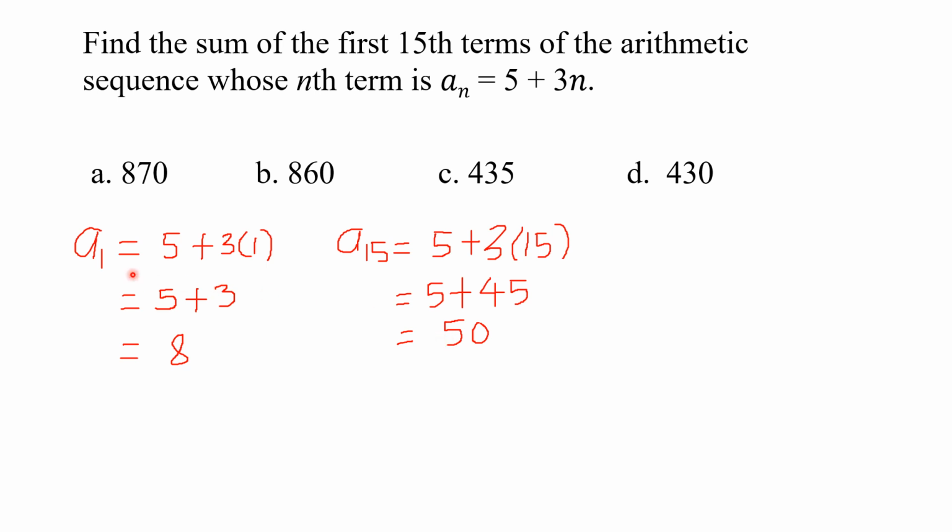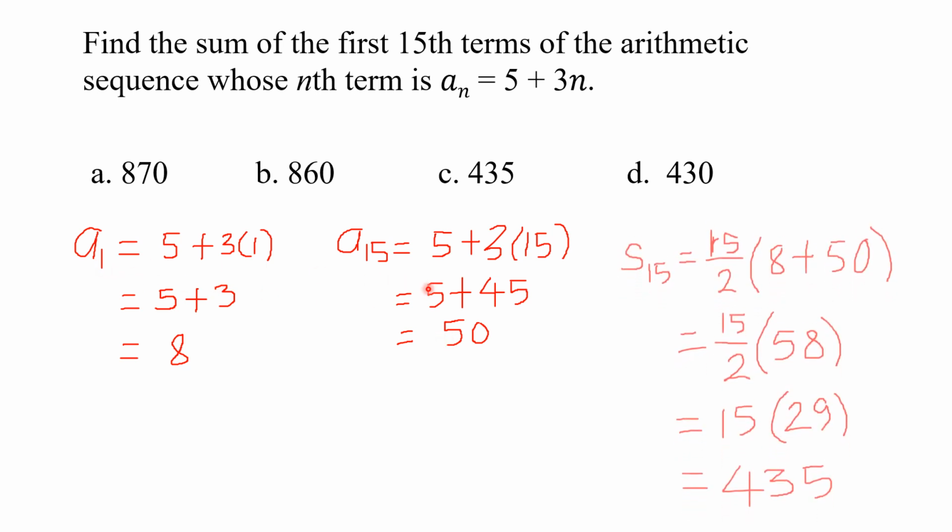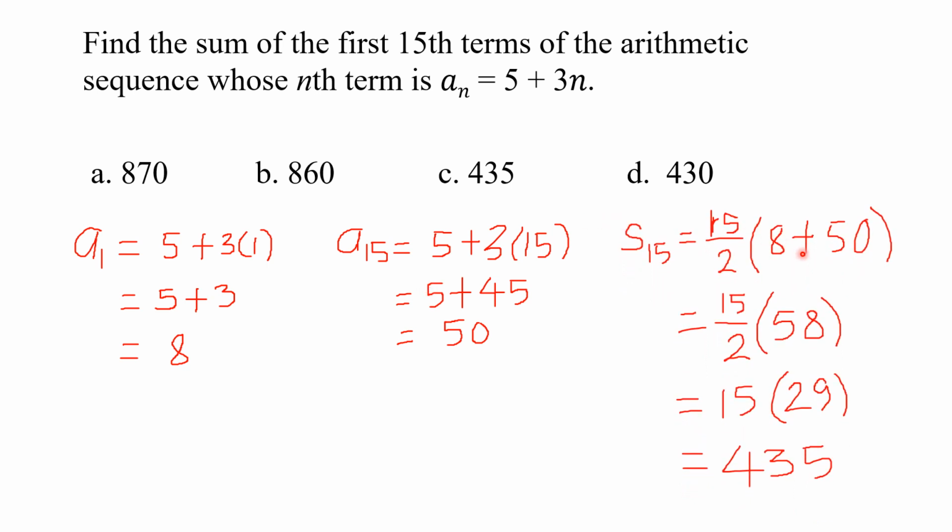We now have the first and last term. Since we have the first and last term, we're going to use the formula n over 2 multiplied by the first term plus the last term, which is 8 and 50. Substituting, the first term is 8 and the last term is 50.